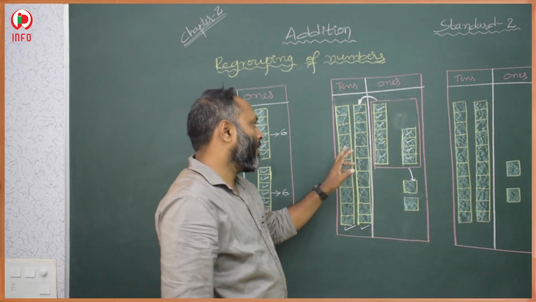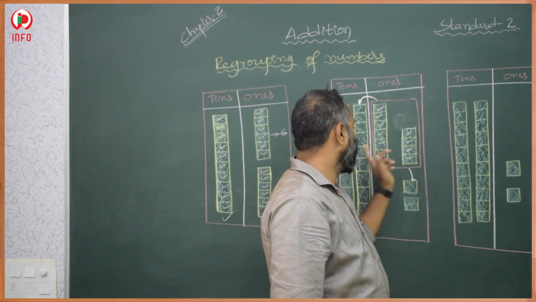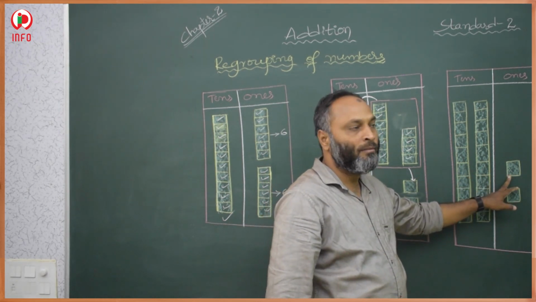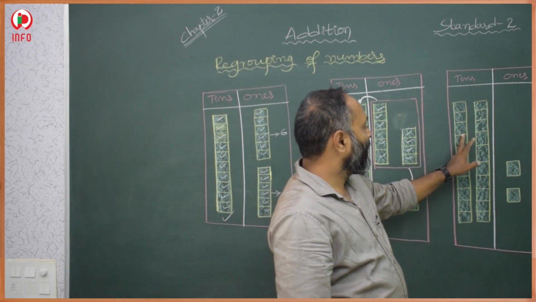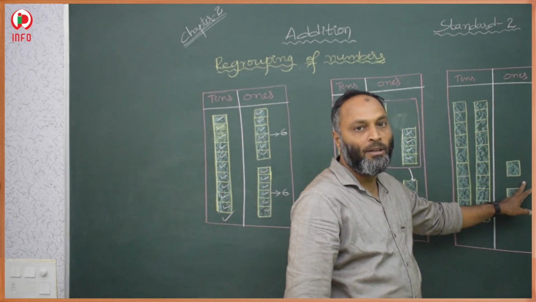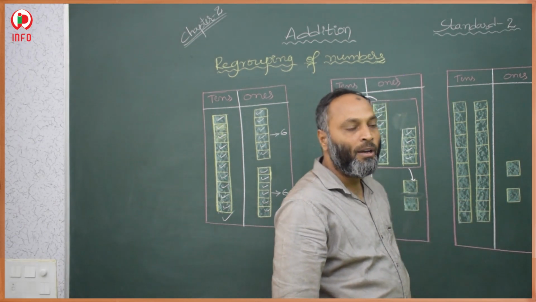Now how does it form? These 2 blocks stay as they are. Now total how much? This is 10 and this is 10, so 20, and this is 2. Total 22.